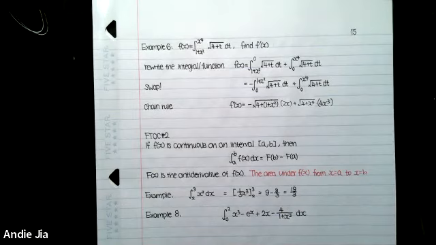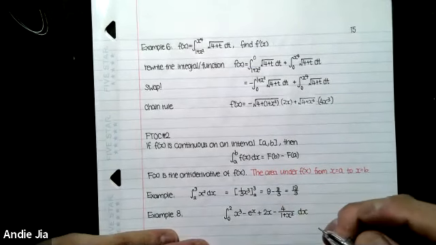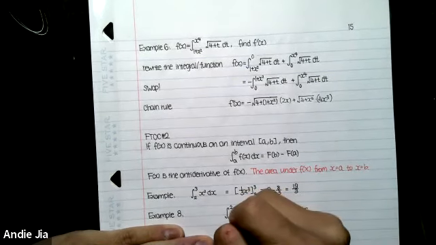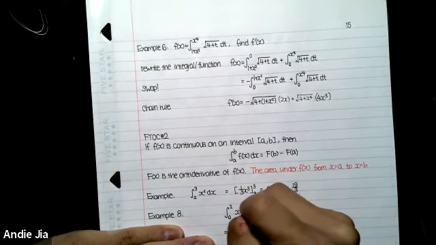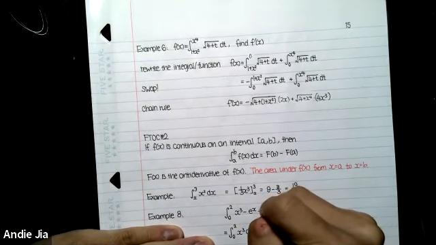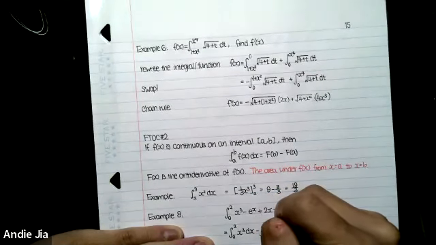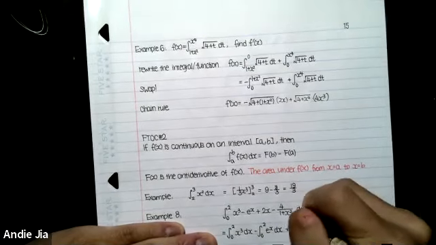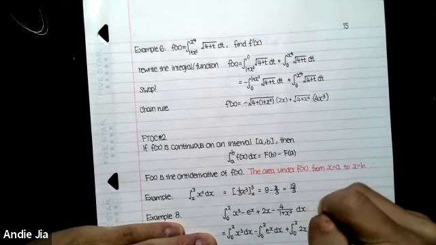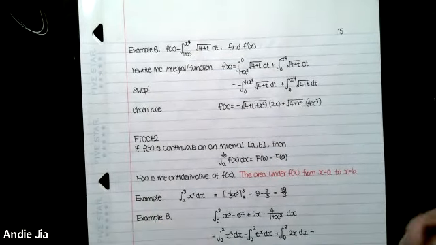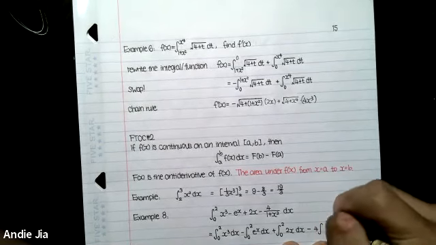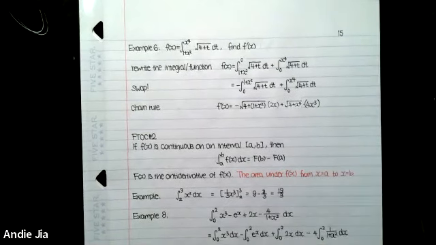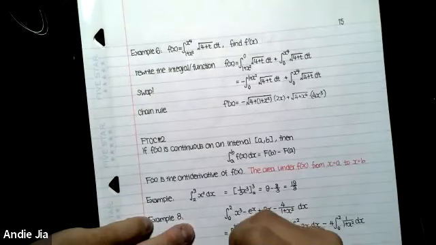Perhaps it is on the homework or the exam. What we have is to rewrite it into four different integrals, minus 4 over 1 plus x squared, and we just evaluate them.